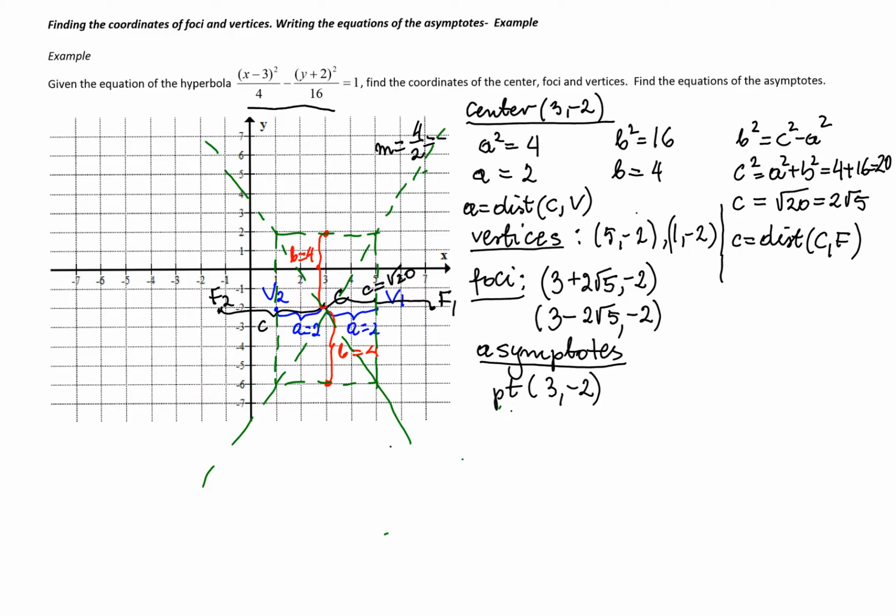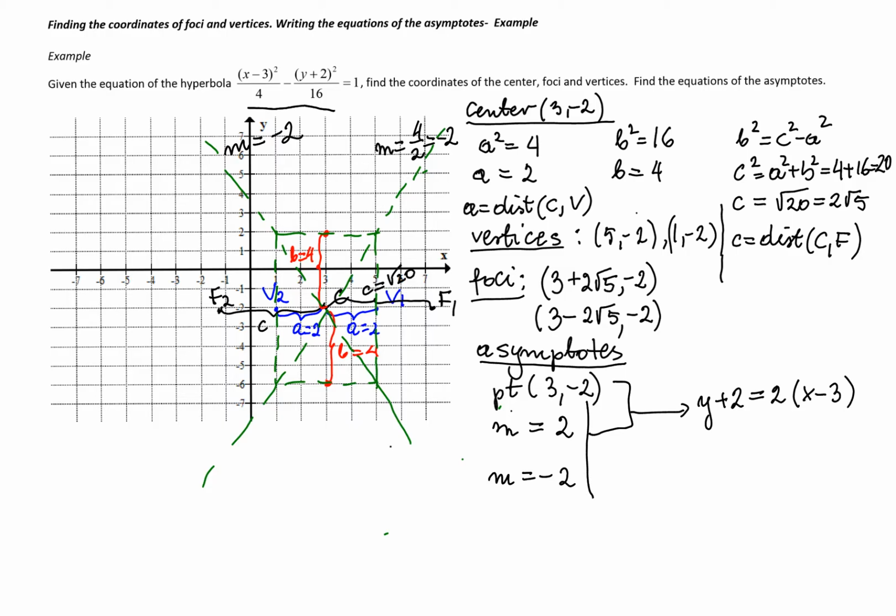The slope of the other line is going to be just the opposite of the slope that we just obtained, and you can also use the geometry here to find that slope. So we have two asymptotes. One has the slope 2 and the other one has the slope negative 2. If you use the point and the first slope, you will get the equation y minus the y-coordinate of the point, so it's y plus 2 is equal to the slope times x minus the x-coordinate of the point.